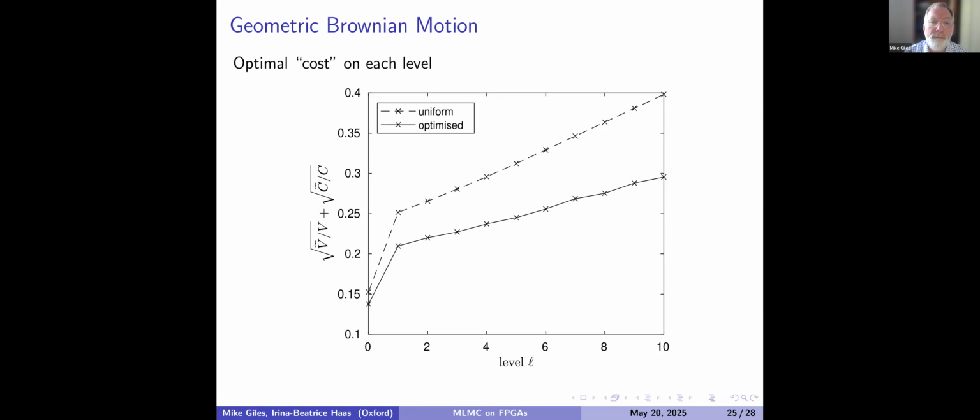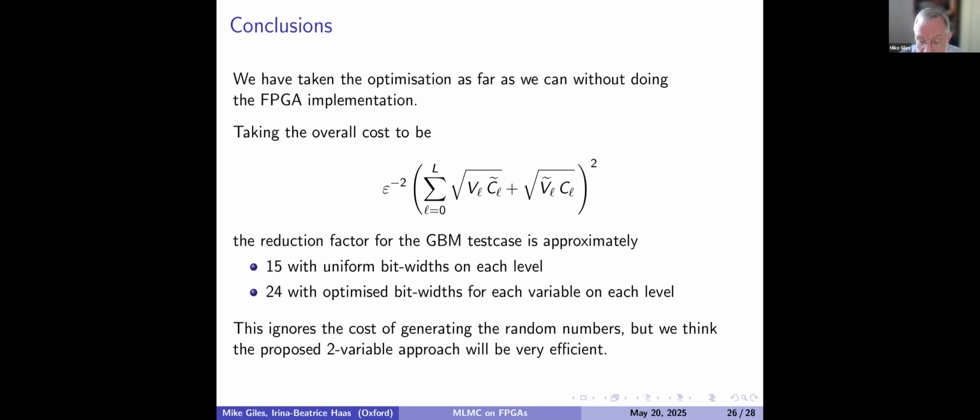So really, at this point, we've taken the mathematical analysis and optimization as far as we can, before actually looking to do an FPGA implementation.